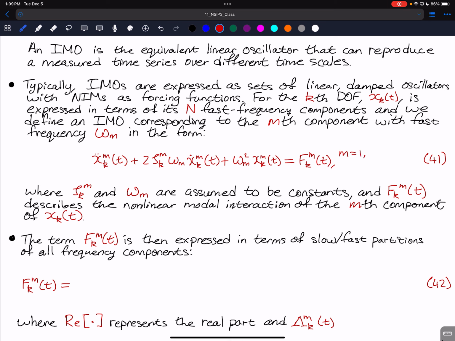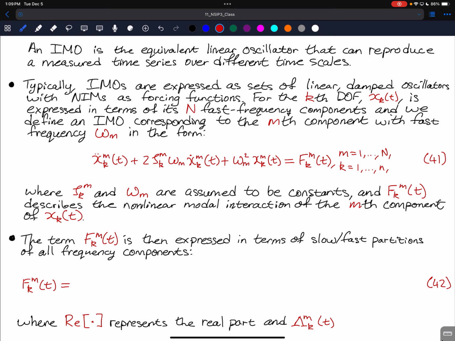and then here this m is varying from 1 up to big N. That's all of the fast frequency components, and then of course the k varies from 1 up to lowercase n, and that is the number of degrees of freedom. And here we've assumed that the zeta, or this linearized damping ratio, is constant, and we're also assuming that the fast frequency is constant as well.